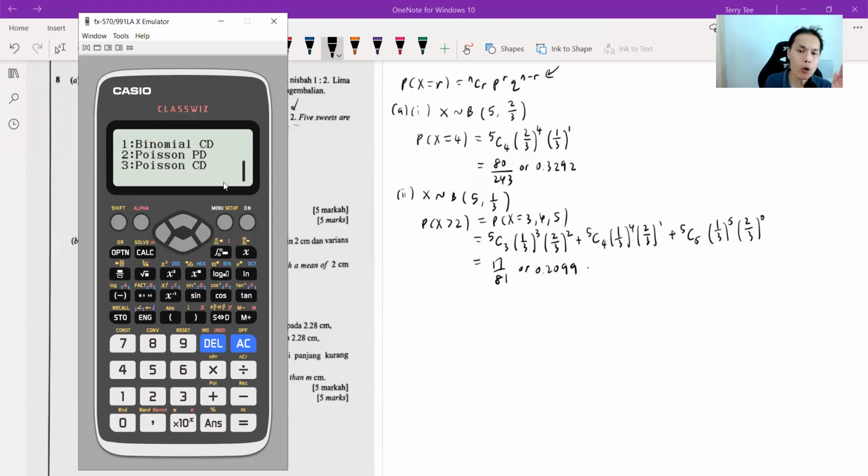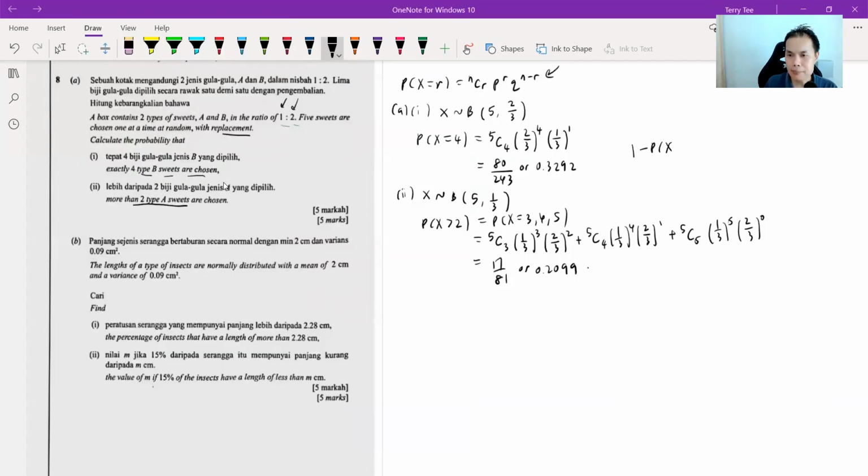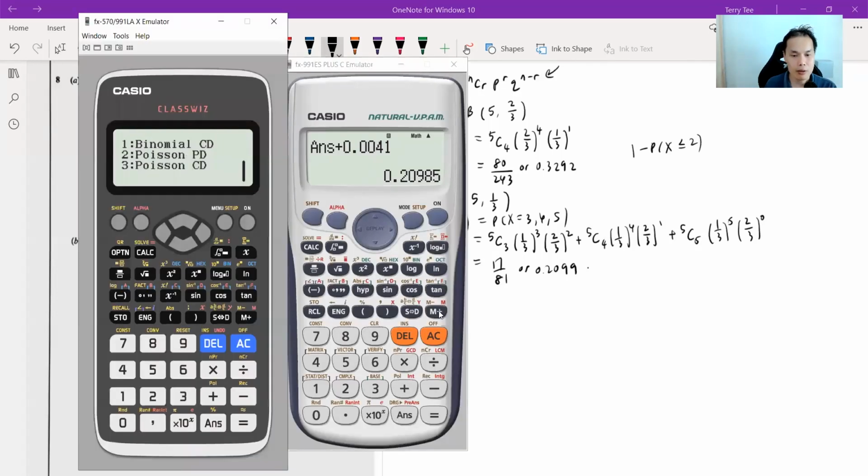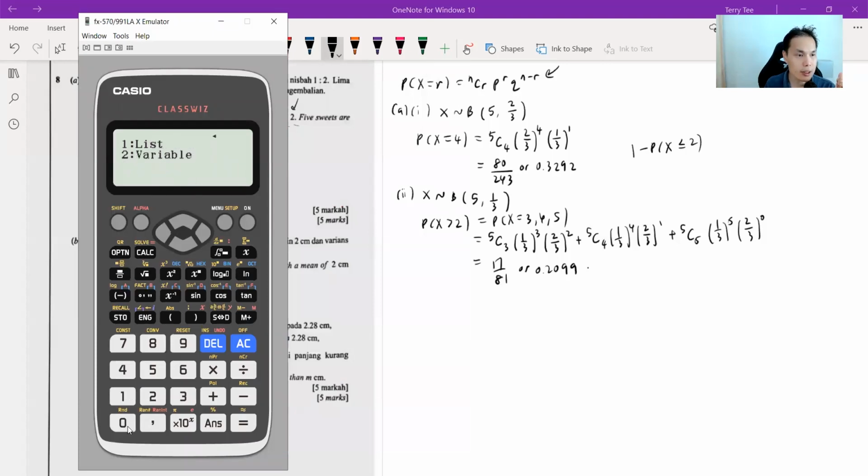Like for example, if I want more than 2, you need to think 1 minus up to 2. Up to 2 means less than or equal to 2, right? Because we want 3, 4, 5. I take 1 minus 0, 1, 2. So when you use this function in your calculator, what we need is to go to number 1, binomial CD, go to variable 2. I want up to 2, right?